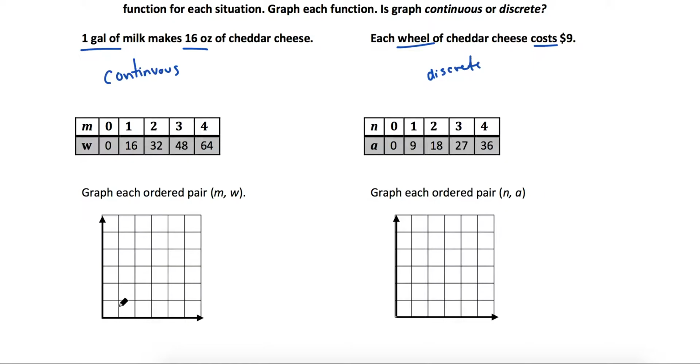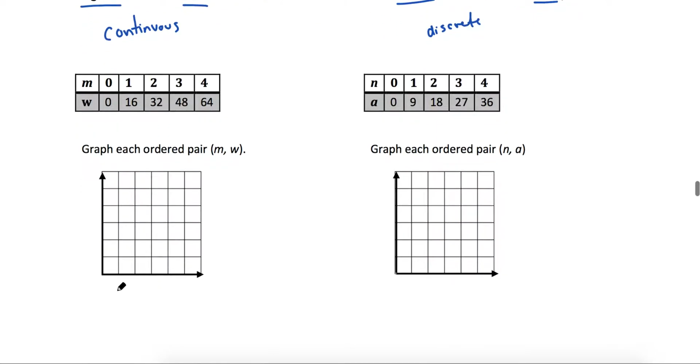Okay, so here we have space to graph these. When we go ahead and graph continuous versus discrete data, as we saw above, we're going to get a little bit of a different result here. So I'm going to go ahead and throw some data on here, some scales on here. All right, so 1 is 16, 2 is 32, 3 goes with 48, and 4 goes with 64.